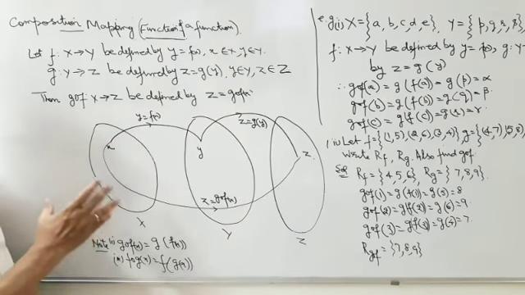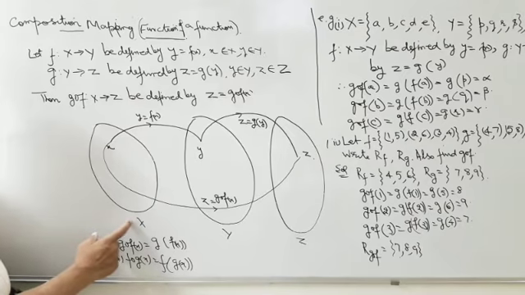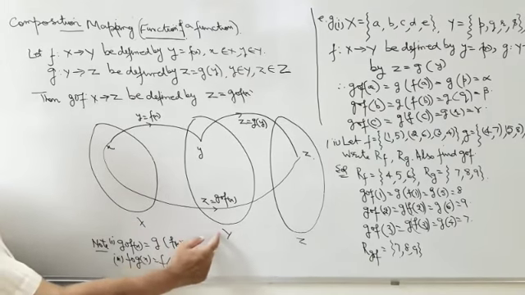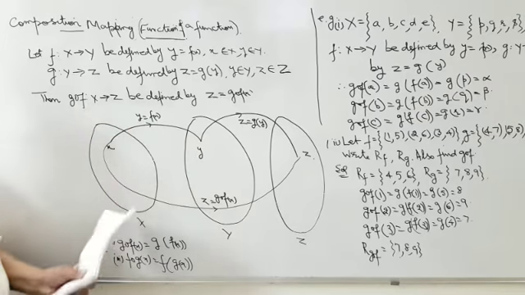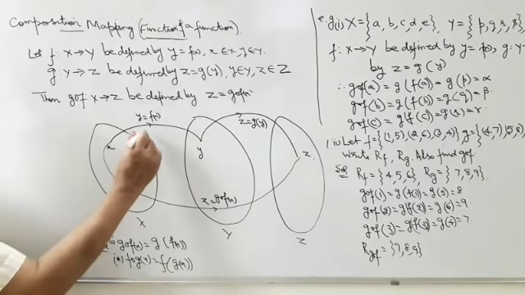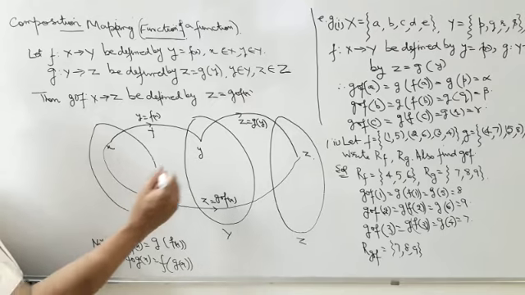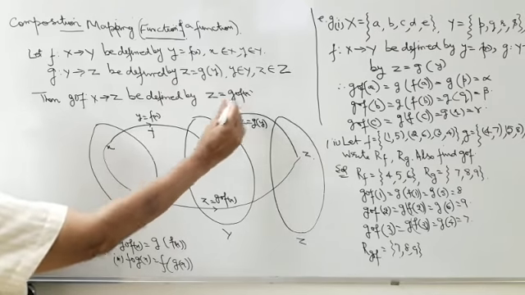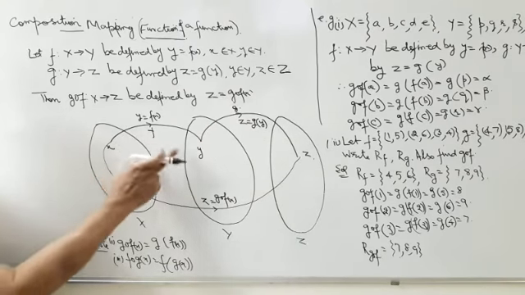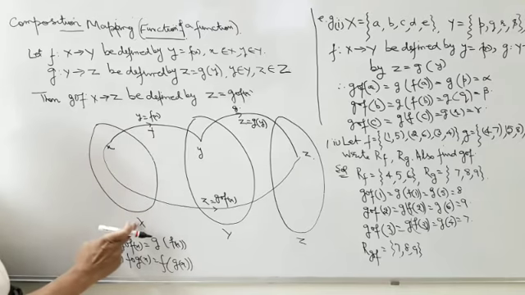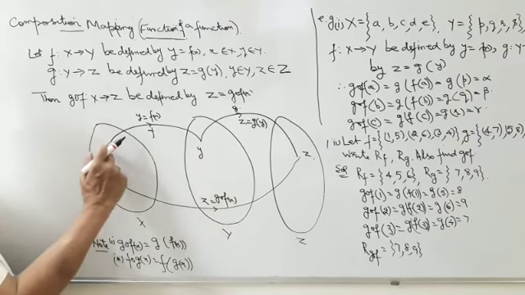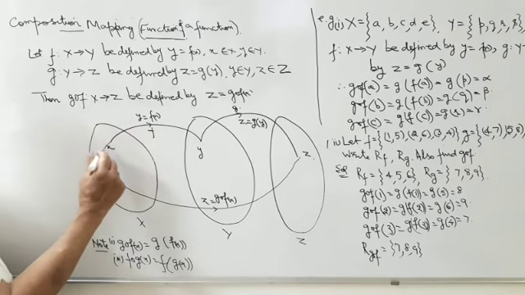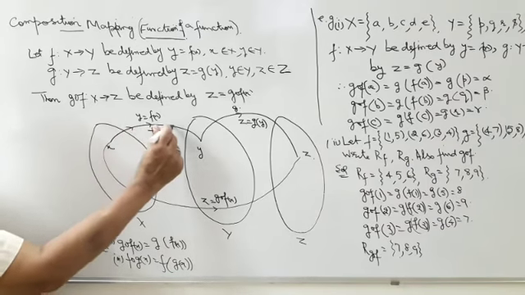Now graphically we can show it. We have one set here X, Y, Z. f is a mapping from X to Y. x is an element of the set X, y is an element of Y. So first of all, y is equal to f(x), this is the portion.